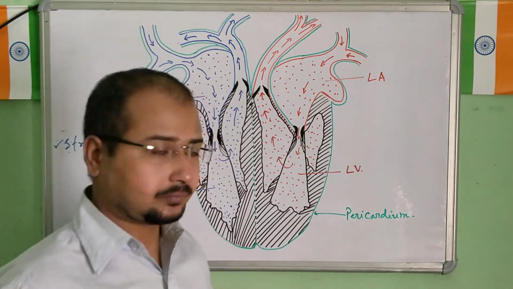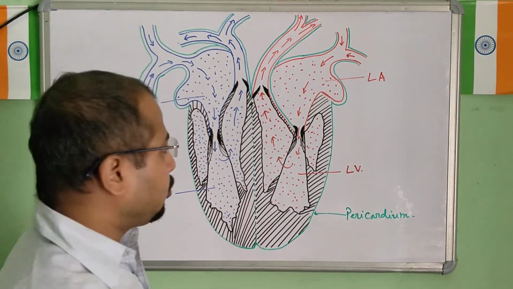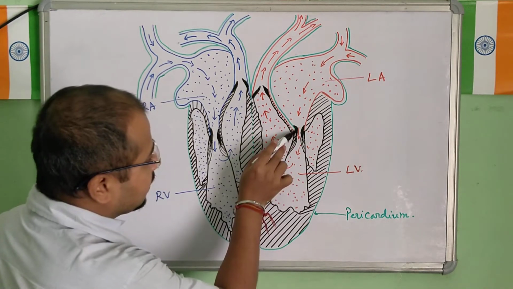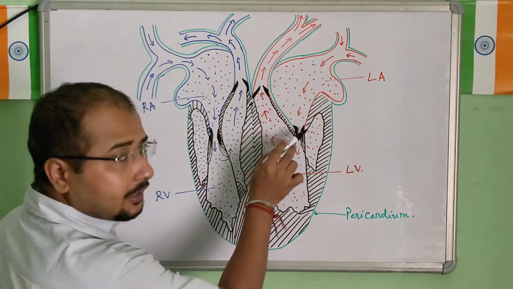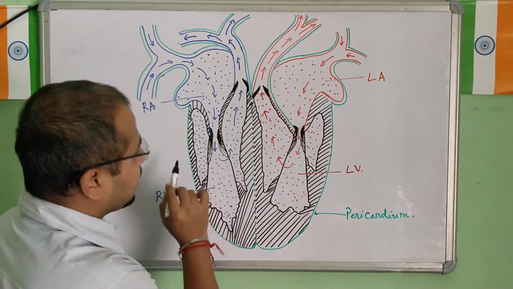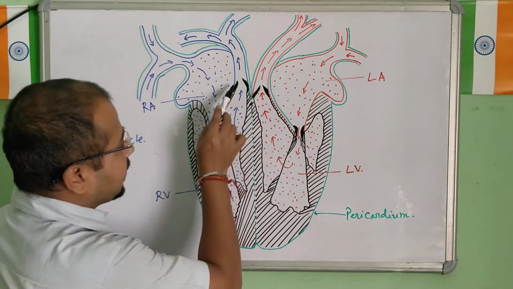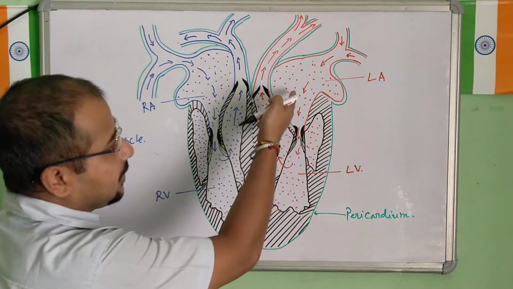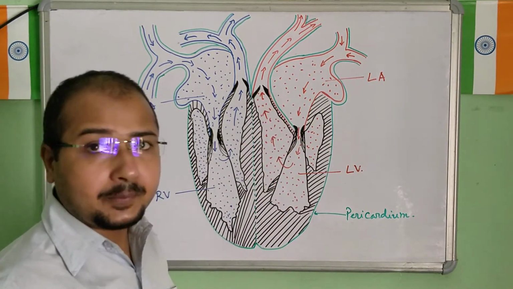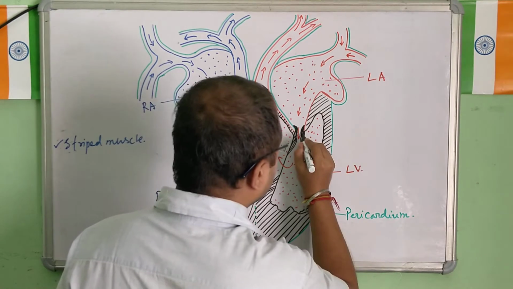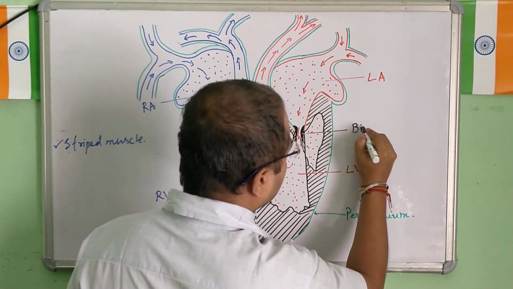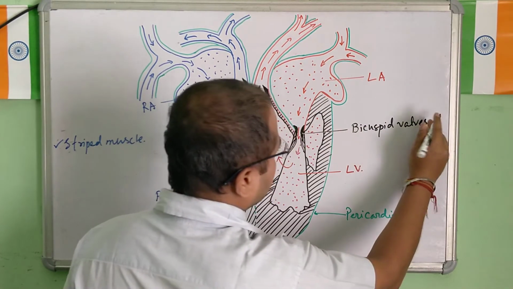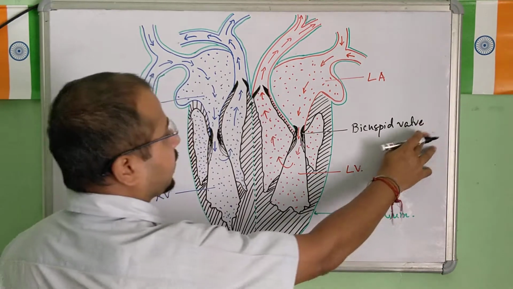What else are there? The valves. If you look at the valves here very carefully, this is one valve, this is another valve, and two more valves are there. The valves in this location are present in between the left atrium and left ventricle. This is known as the bicuspid valve.